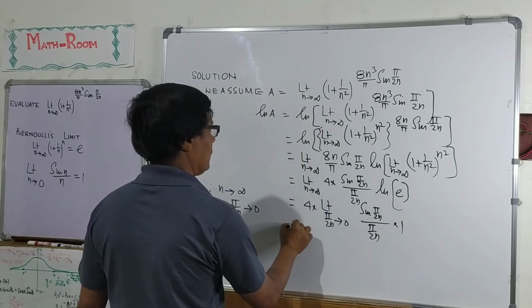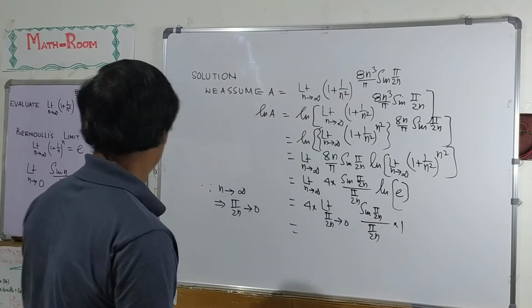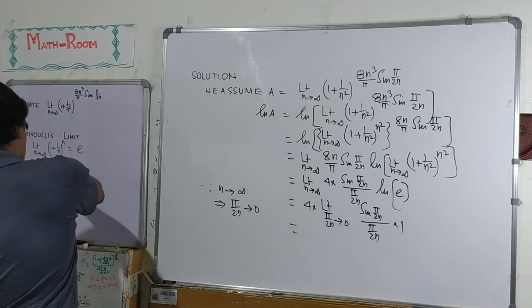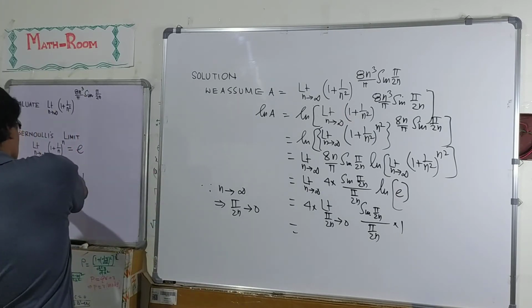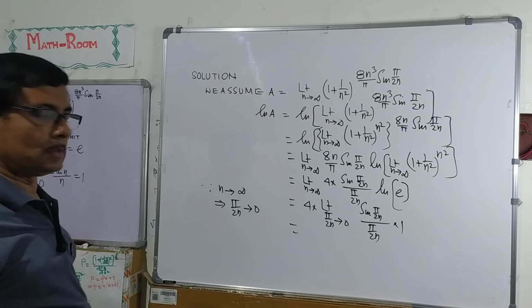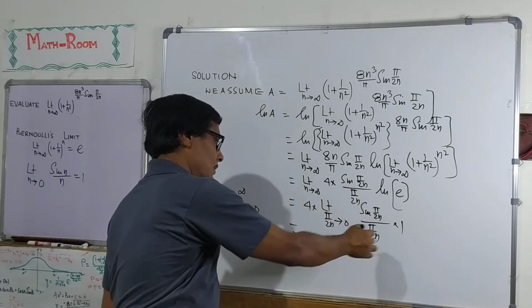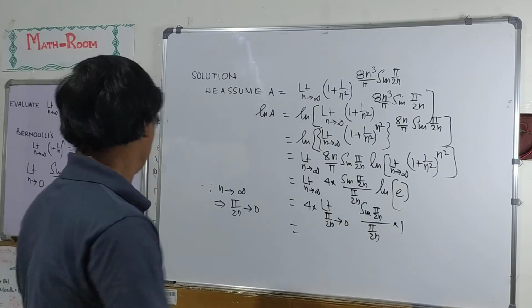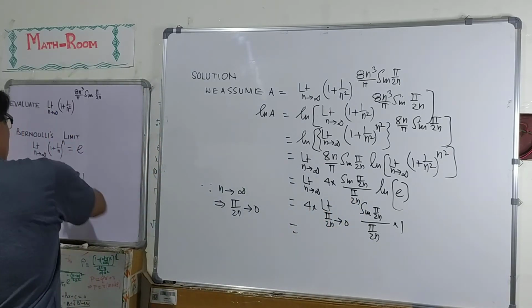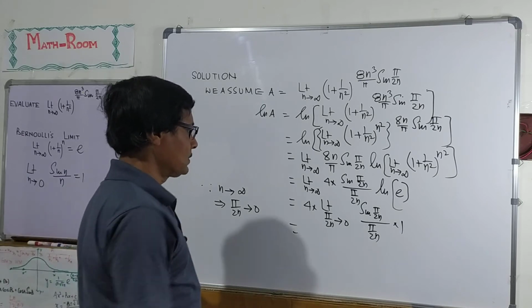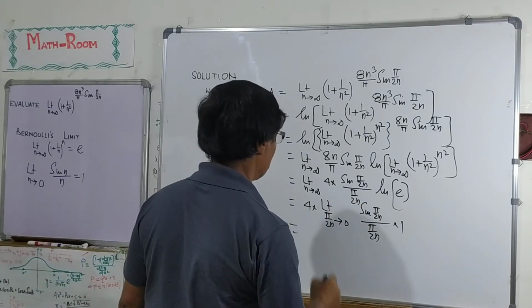So we again use the fundamental limit, limit sin n over n equal to 1 as n tends to 0. This limit is in the form of that limit, so its value is also 1.